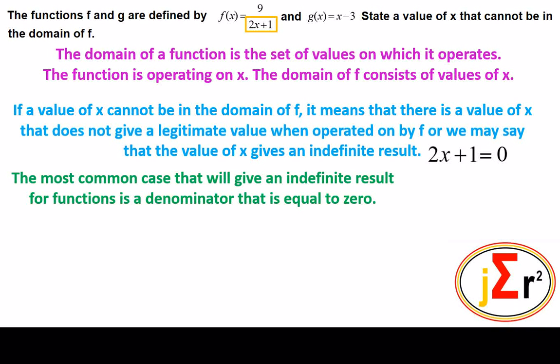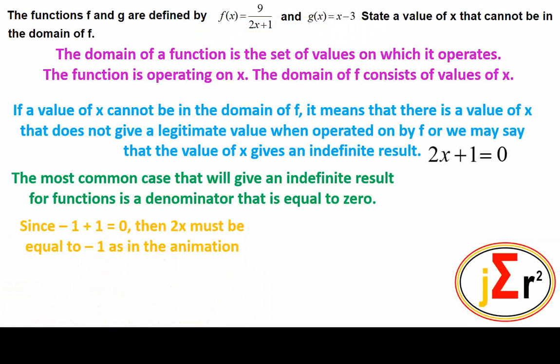That can be justified in this particular case, and that is the assumption we are making in arriving at the value of x. If our assumption is correct, then we will have a possible value of x that will cause an illegitimate value of the function. Now we are solving the simple equation 2x plus 1 is equal to 0.